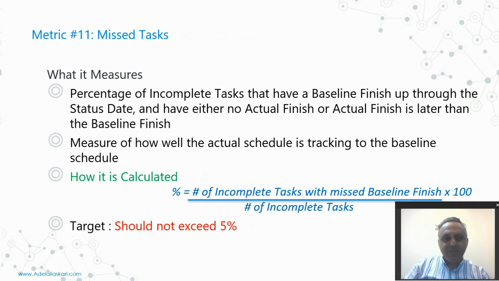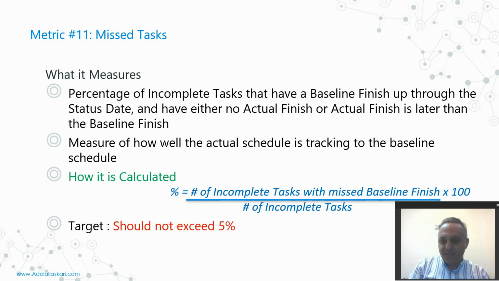The 11th criteria is talking about the missed task. What is the missed task? Based on the formula, the number of incomplete tasks with a missed baseline finish over all incomplete tasks should not exceed 5%. What is the missed task? Based on the definition, it is a task that has a baseline finish up through the status date and has either no actual finish or an actual finish later than the baseline finish.